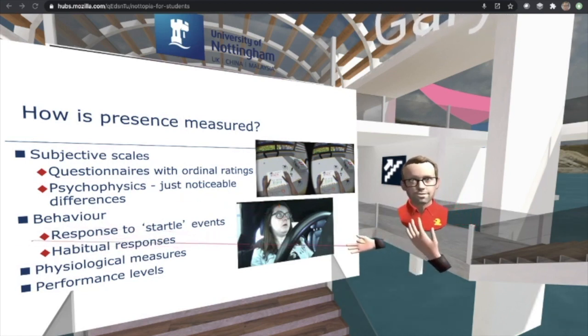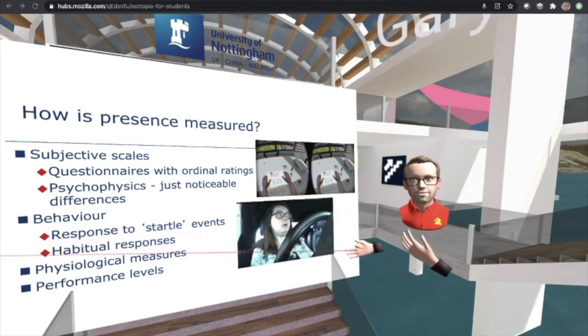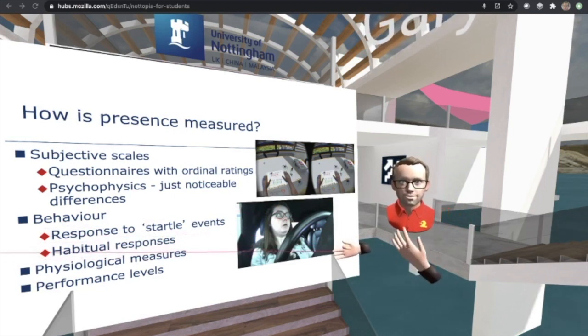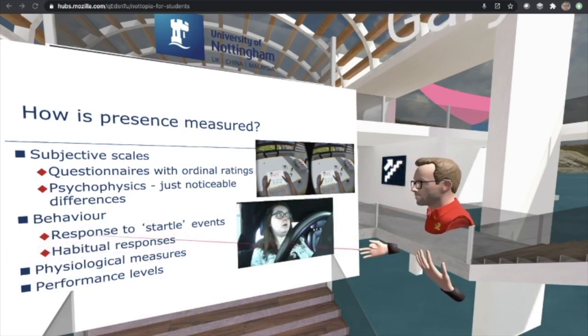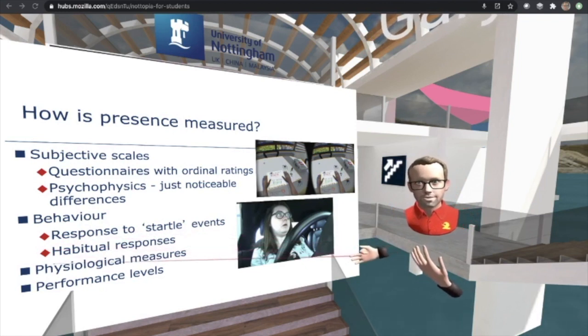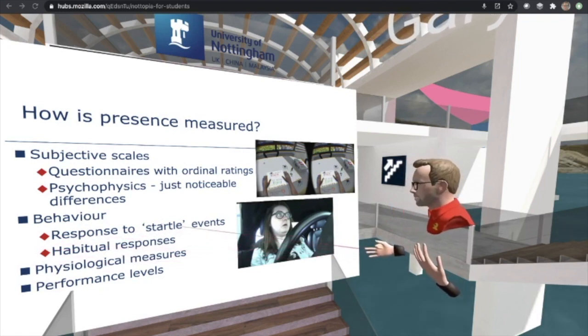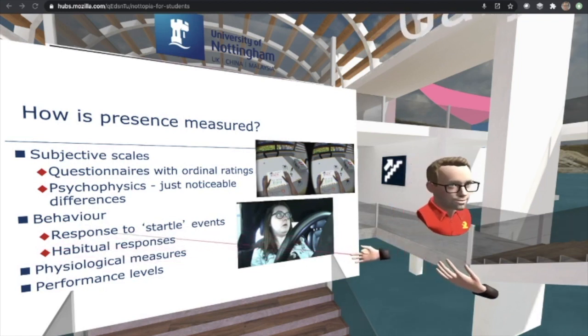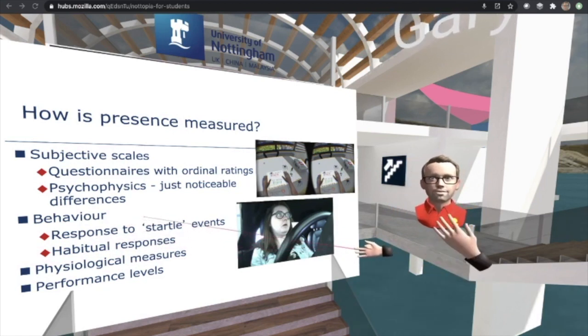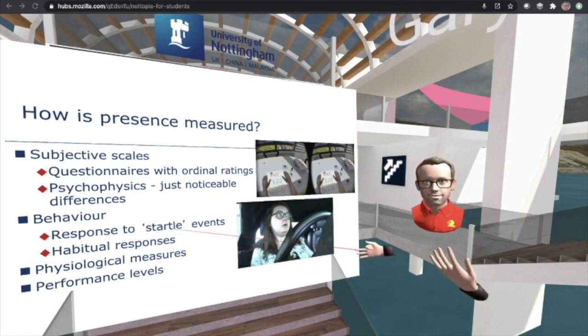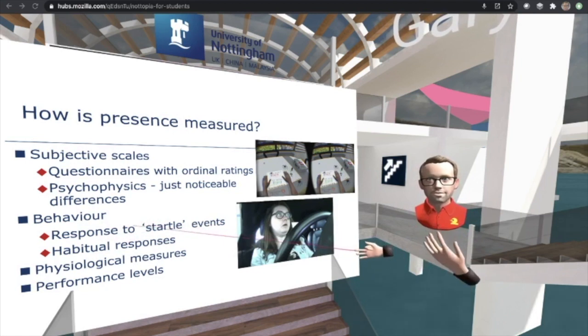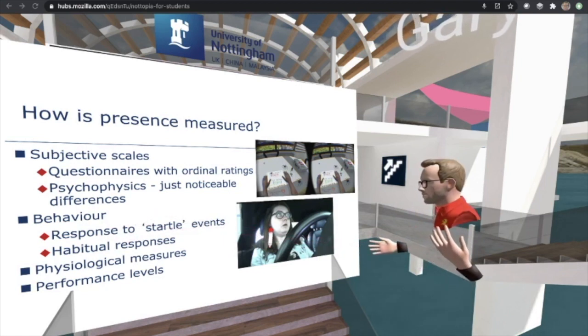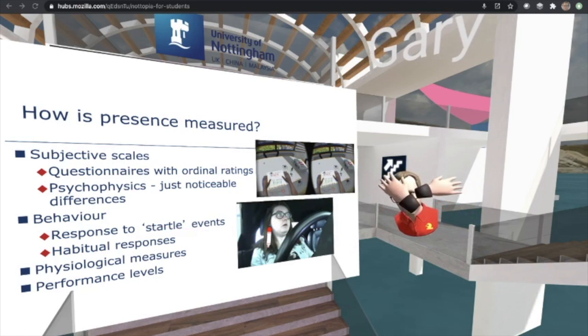But you may be interested in behaviours. There are certain behaviours that people adopt that indicate high levels of presence. One that's used quite commonly is the response to some form of startle event. So people get a surprise, something they weren't expecting, and then are they putting their hands in front of their head?